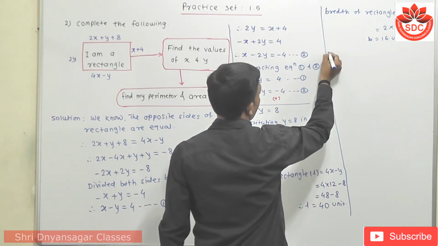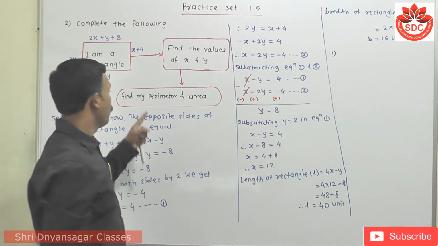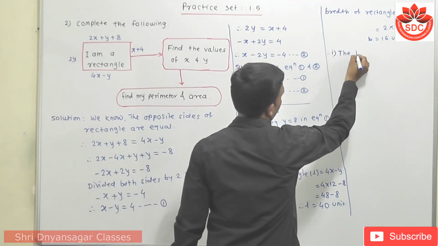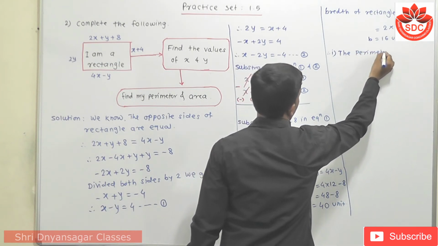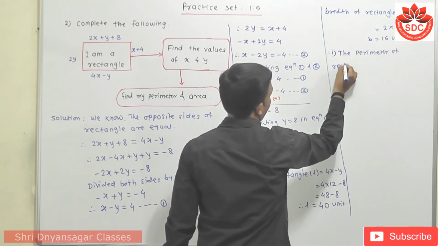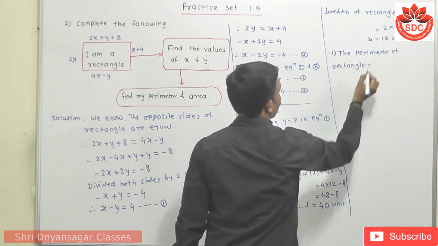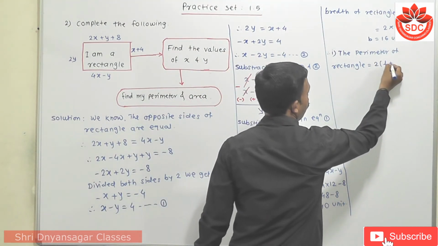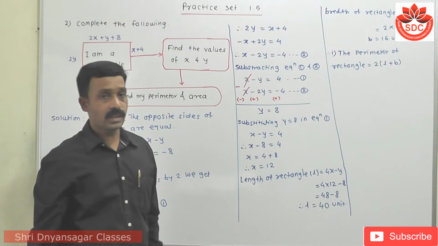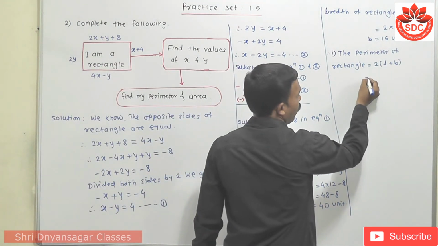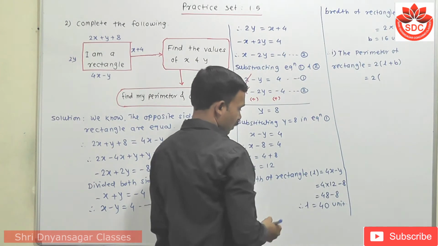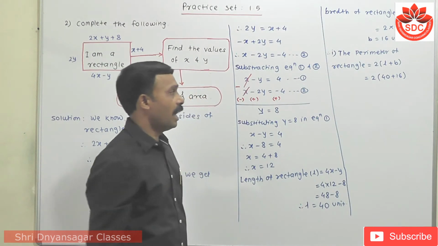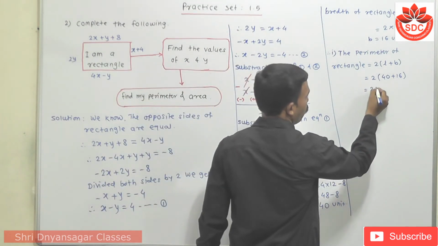Therefore first we find out the perimeter of this example. The perimeter of the rectangle, addition becomes 56 into 2.